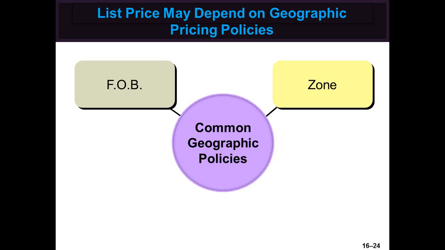Zone pricing smooths delivered prices by applying an average freight charge to all customers in the same specified geographic area. This simplifies billing and helps buyers know the delivery charges in advance. Uniform delivered pricing charges one price to all buyers.